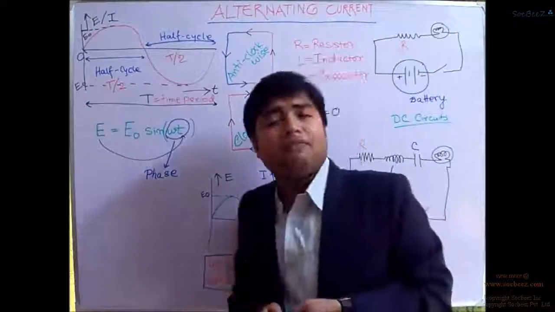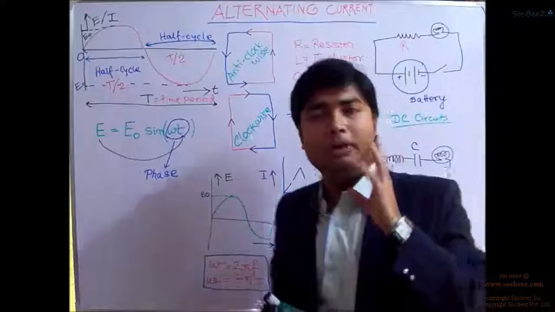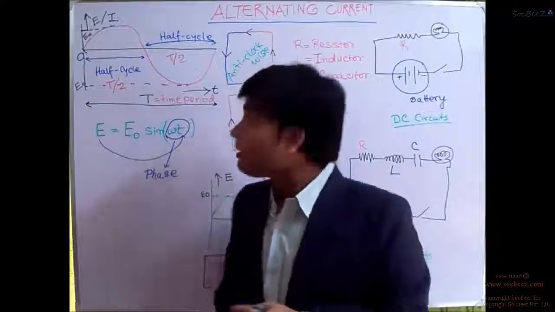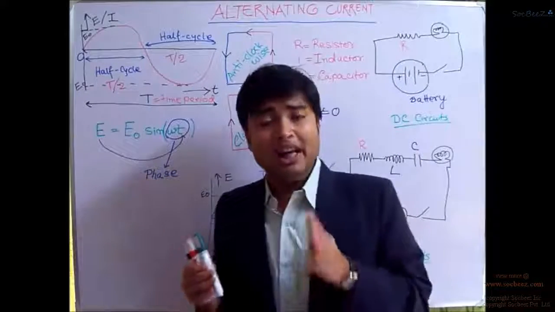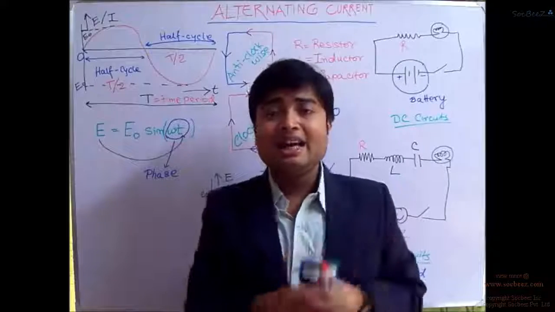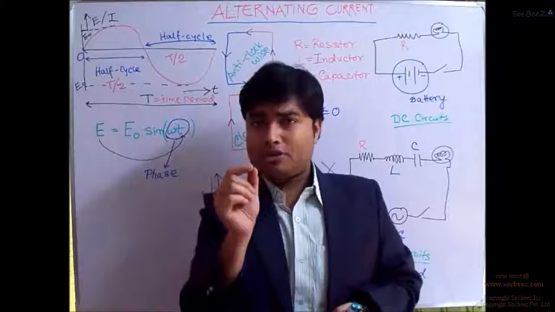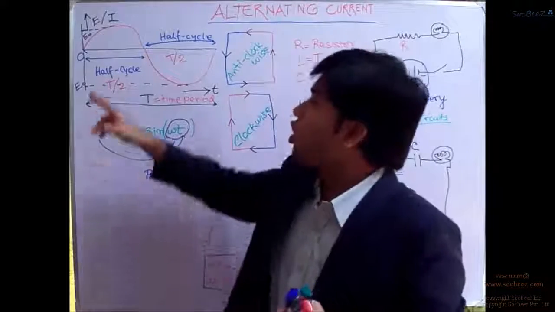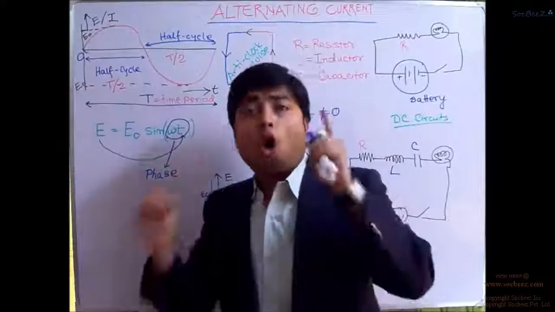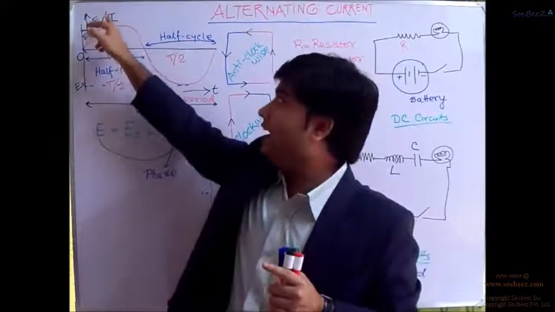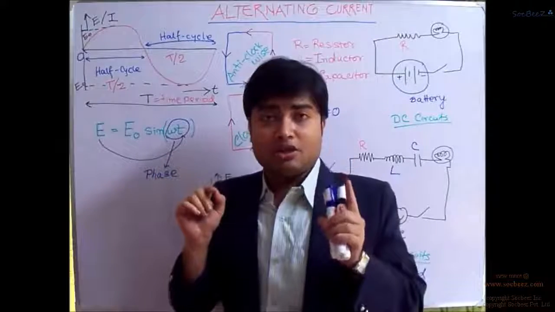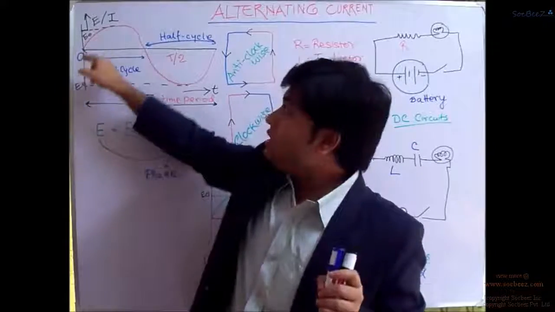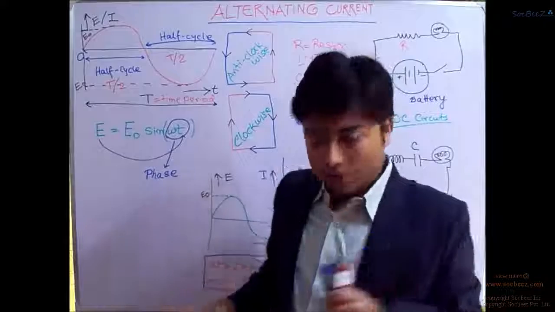So, to understand the phase change, it could be defined as the time elapsed from the moment when this alternating EMF or the alternating current last passed its zero value in the positive direction, right?